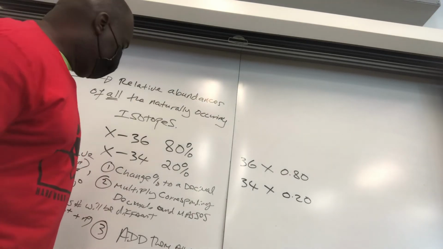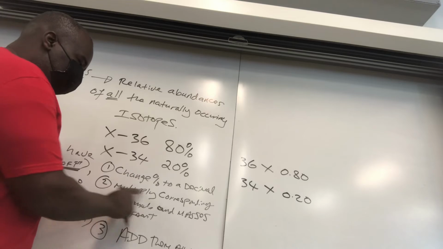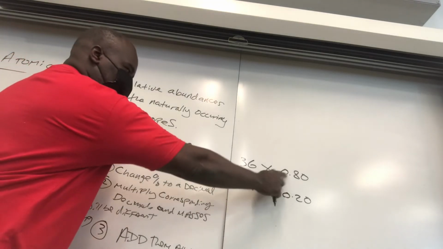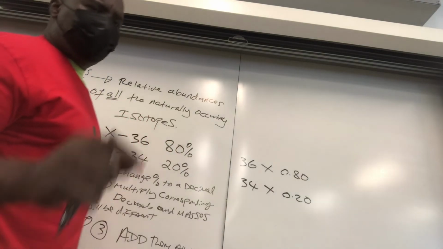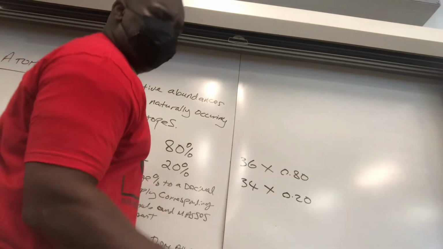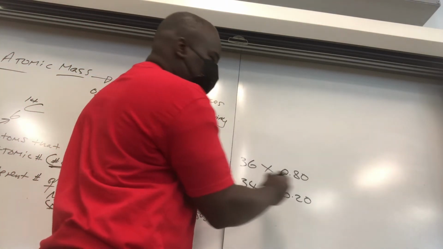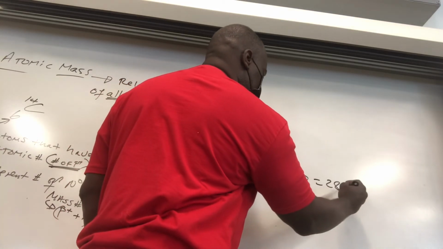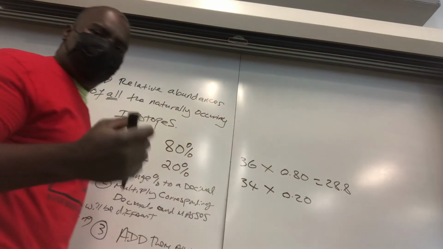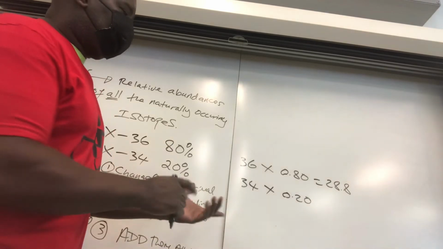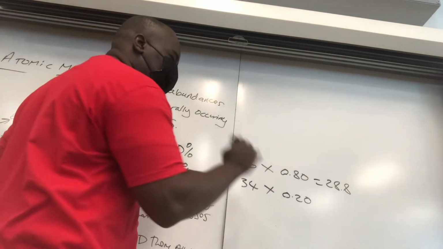Take a breath. Step number 2, multiply the corresponding decimals and the masses. I calculated already: 0.8 times 36 is equal to 28.8. Guys, do me a favor, get a calculator and make sure this is correct, but follow the steps, follow the principle.